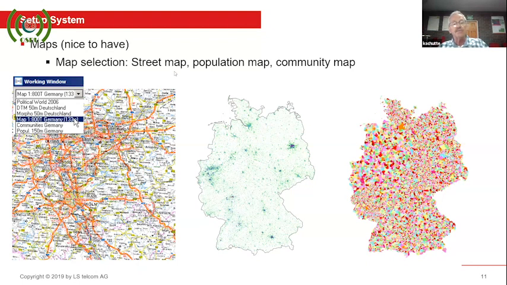Then you can also have street maps, you can have population map information, and the population map information can be input into your system on a district level, or on a city level, or on just a grid level, to give you the population in a certain area. And when you do a coverage, you can get the total population within the coverage contour.